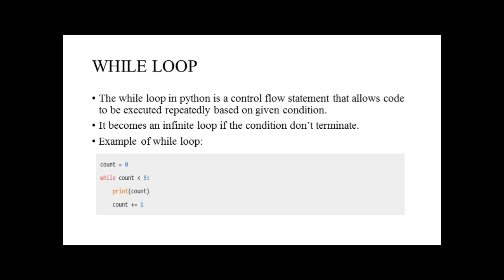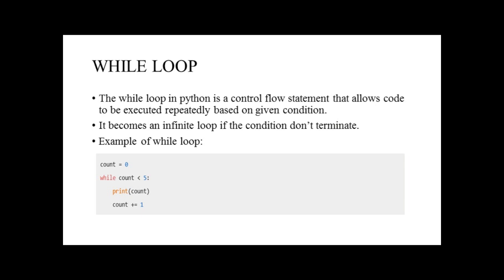So in the first loop it will print 0, then count gets plus 1, 0 plus 1 equals 1, then it will again check the condition. Count is still less than 5, so it repeats: 2 less than 5, repeat; 3 less than 5, repeat; 4 less than 5, repeat. When 5 comes, 5 is not less than 5, the condition gets false, and it terminates out of the loop.